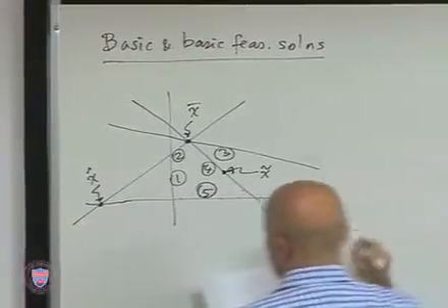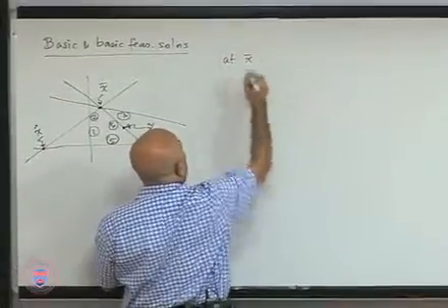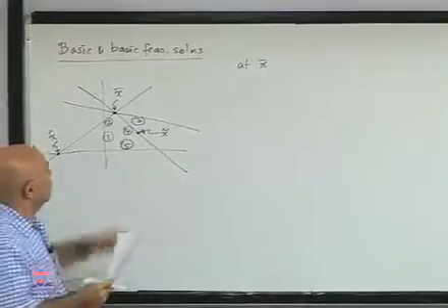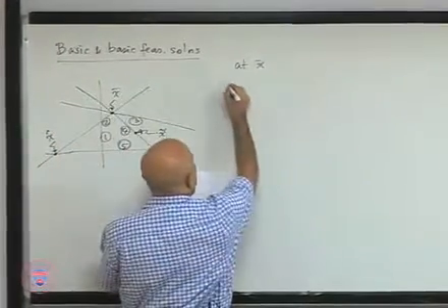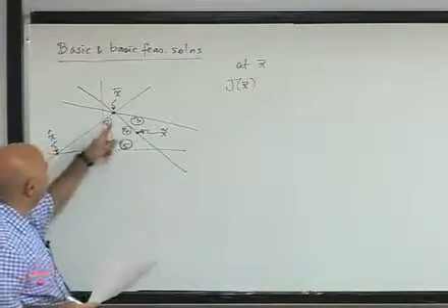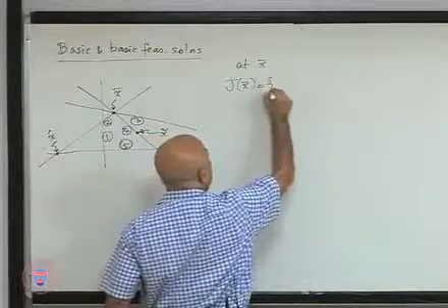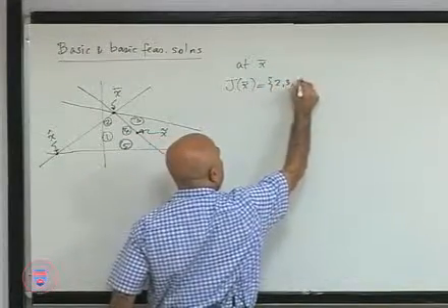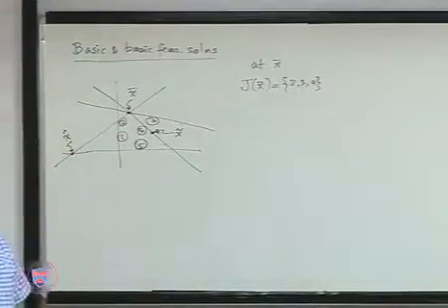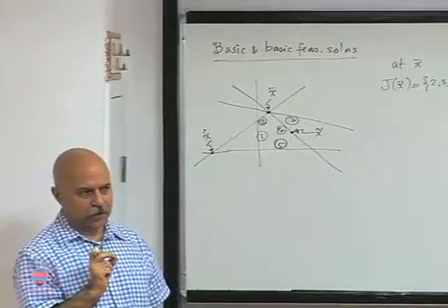So if you look at the system at x bar, the first point, the active set of constraints at this point are 2, 3, and 4. And for a basic solution, I need 2 linearly independent ones.